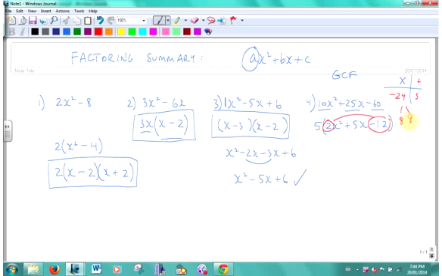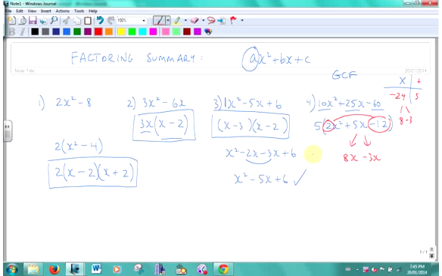Okay, 8 times 3 is 24, and they also add to 5. Okay, but I need to multiply to negative. So if I put a minus here, that multiplies to negative 24, and that adds to 5. What I want to do is split up 5x into 8x minus 3x.